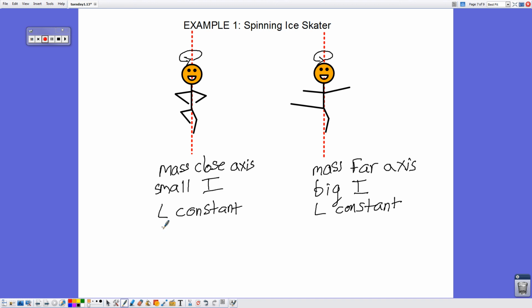Which means, where here you have a nice big angular velocity, here you get a nice small angular velocity. Which means, when you start spinning, you bring your arms in and legs in nice and close, and you spin nice and fast. You spread out again, and you slow down. Fast, slow, fast, slow, fast, slow.